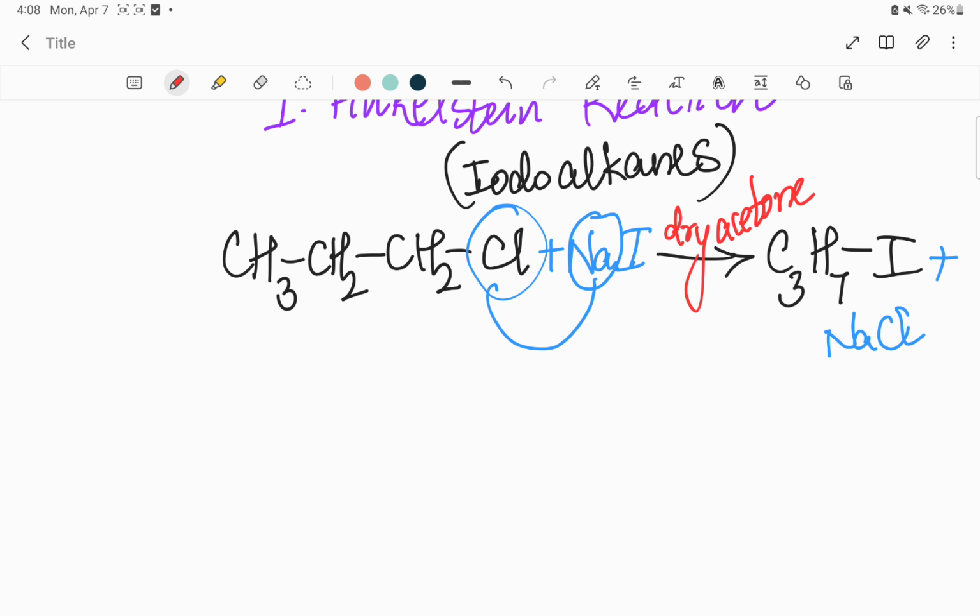Le Chatelier's principle is something you learnt in grade 11 under the equilibrium chapter. So for the precipitation of NaCl and NaBr, we need to add dry acetone. Only in dry acetone medium will this reaction work.